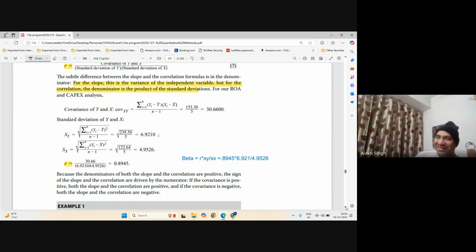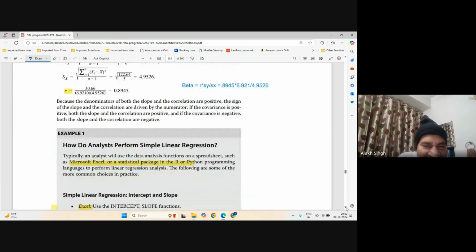And those who understood didn't know that beta was actually highly related to correlation. So we would calculate correlation separately on the same data, and we would calculate beta also, but we didn't know how to link both of them. So you have got an advantage that you learned it much faster.